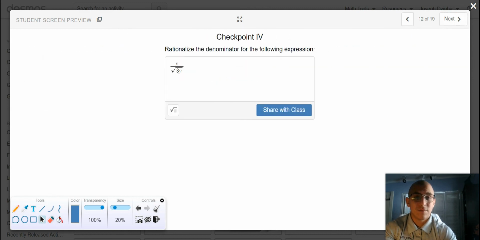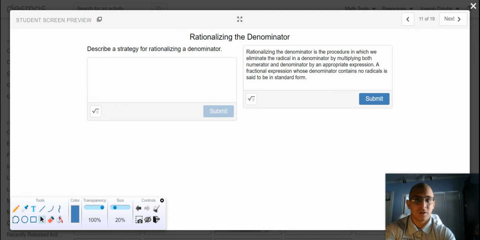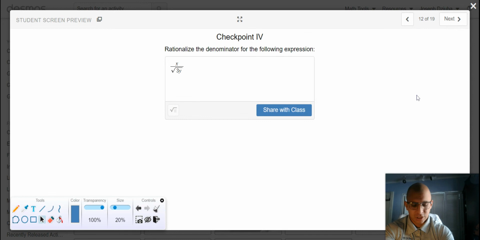Which brings us here. So this is a process that we're going to work out together. So going back to the previous page, once again, rationalizing the denominator is a procedure in which we eliminate the radical in a denominator by multiplying both the numerator and denominator by an appropriate expression. So in this instance, we have my pen tool.